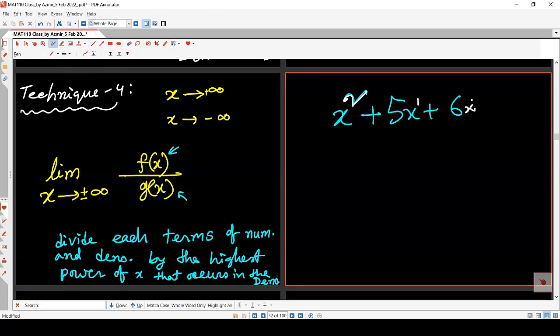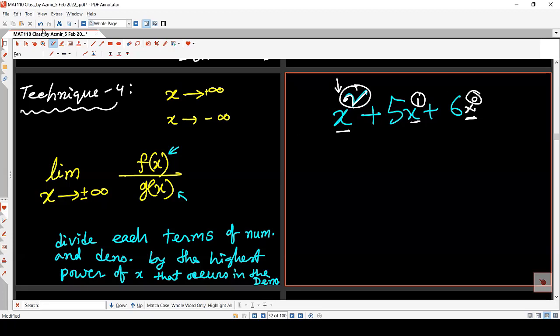If we consider this one as x power 0, we know that x power 0 is 1. So out of these 3 terms, x power 0, x power 1, x power 2, which x has the highest power? Obviously, this one, highest power is 2. Here power is 1 and power is 0. So highest power is 2.